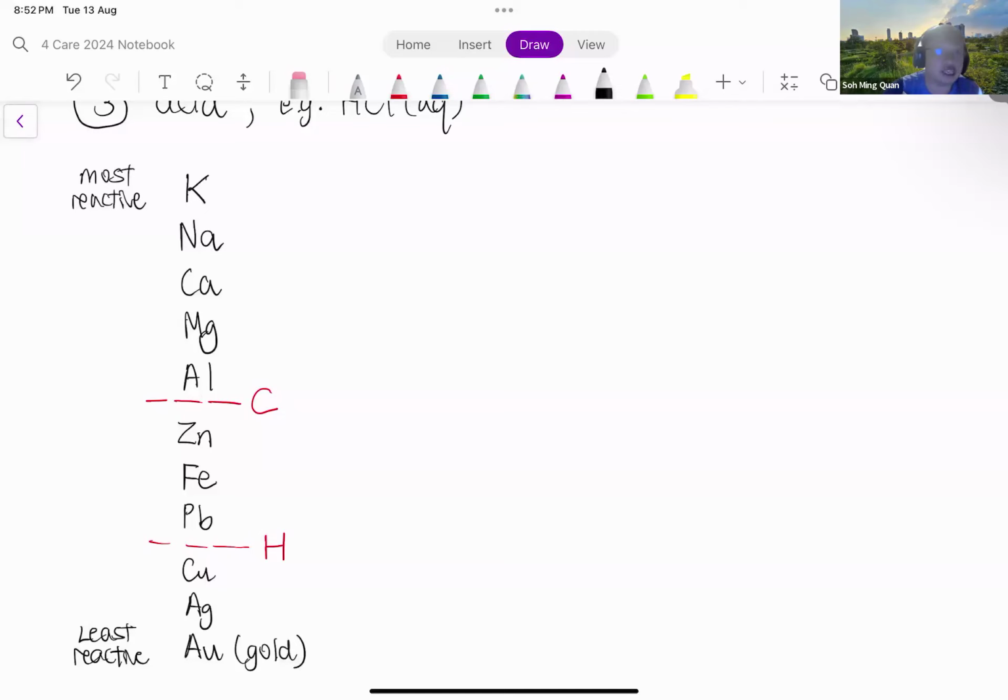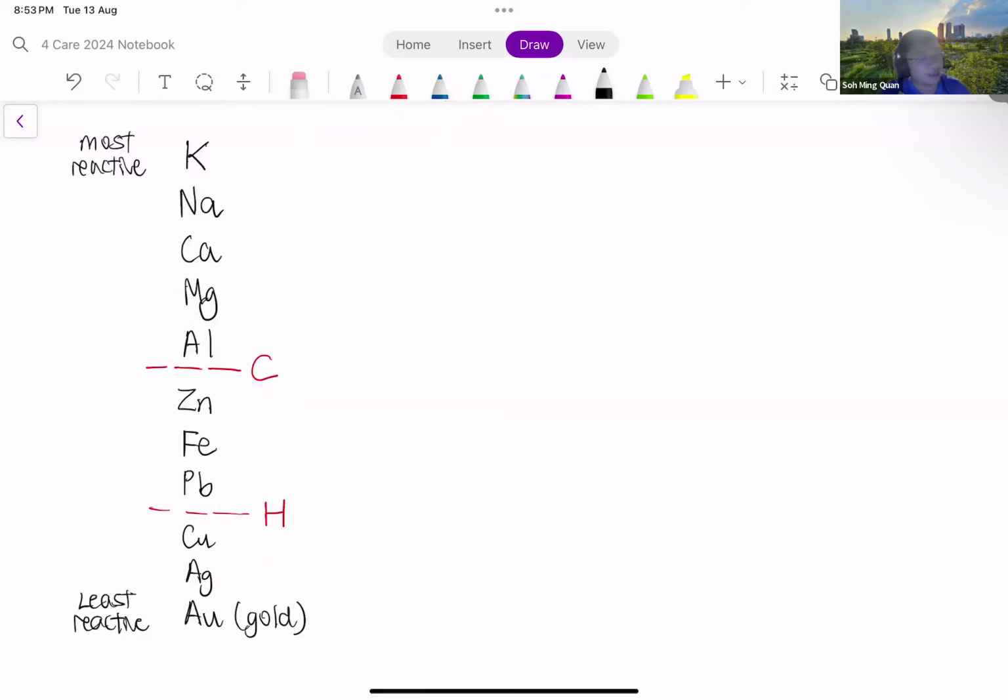Gold is the least reactive in this series at least. Of course, does this represent all the metals? Of course not. There are 80 plus different metals in the periodic table. However, these are the most common metals that we study. So this is the reactivity series.